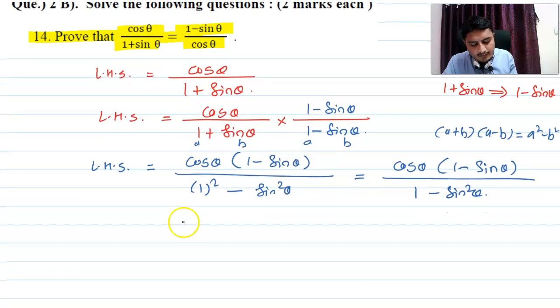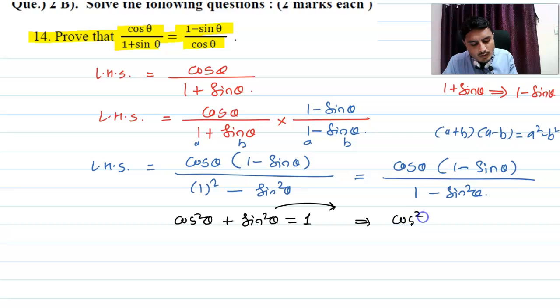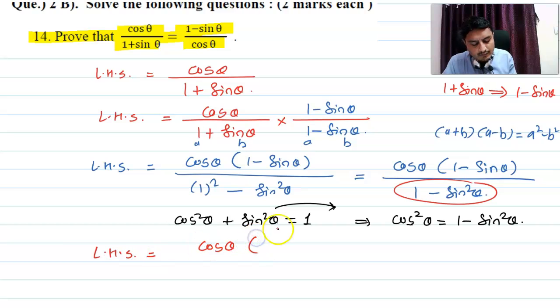We have the trigonometric identity cos square theta plus sin square theta equals 1. Shifting sin square theta from LHS to RHS, we get cos square theta equals 1 minus sin square theta. So 1 minus sin square theta in the denominator can be replaced by cos square theta.